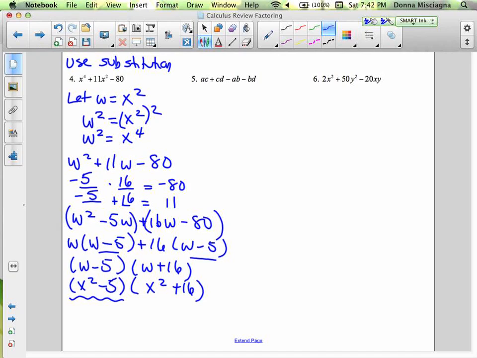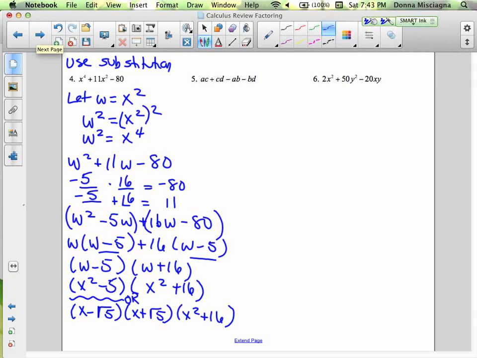If you really wanted to factor this, but you don't have to, I'm fine when you get to that point because 5 is not a perfect square. You could write x minus the square root of 5, x plus the square root of 5, right? But nothing you can do with the x squared plus 16. All right, that one's done.